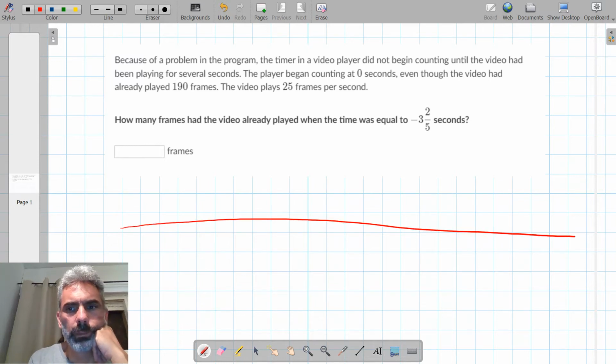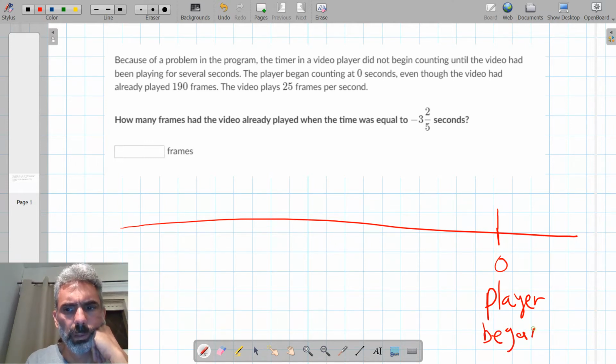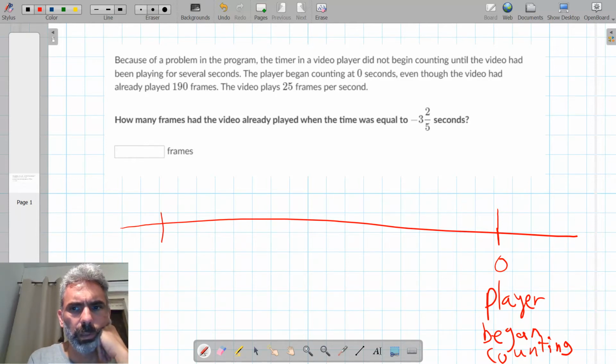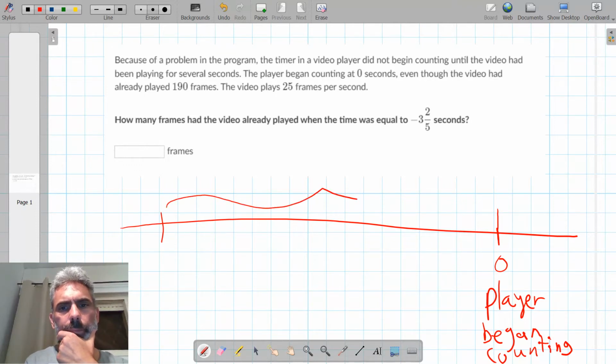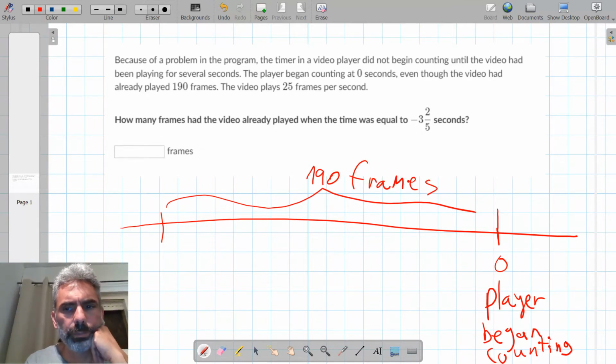Okay, let's see. So this is where the player had began counting. Frames were played prior to 0 seconds.